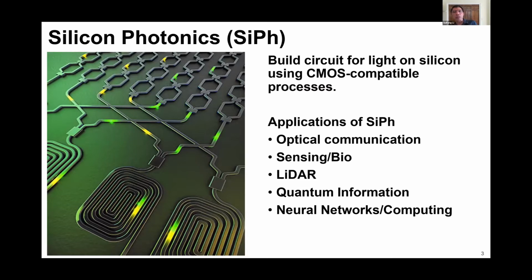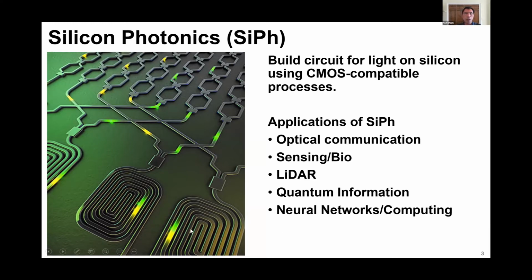In silicon photonics, we try to build circuits for light on silicon substrates using CMOS compatible processes that use IC chips. The applications of silicon photonics include optical communication, sensing, especially for bio applications, LiDAR, quantum information, neural networks, and computing.